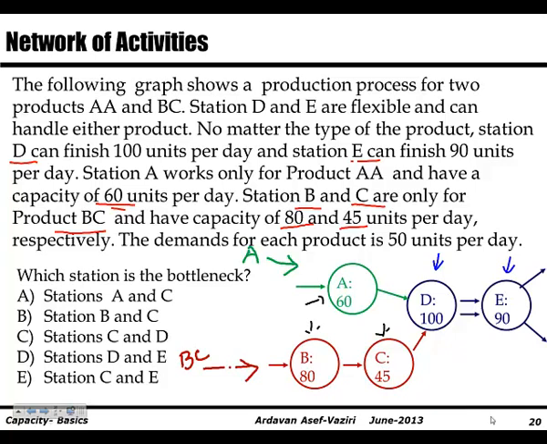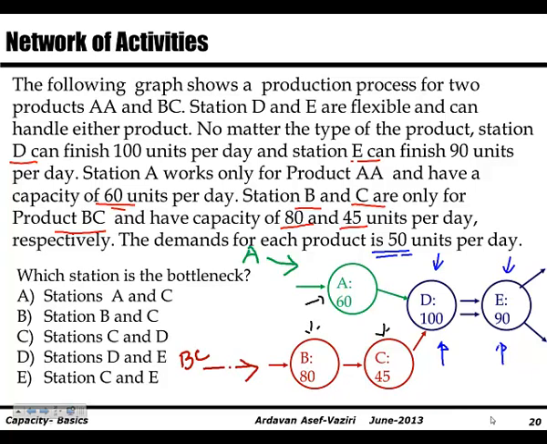Capacity of E is 90 and capacity of D is 100. Which operation is the bottleneck, if the demand for product A is 50 units and demand for product BC is also 50 units per day?